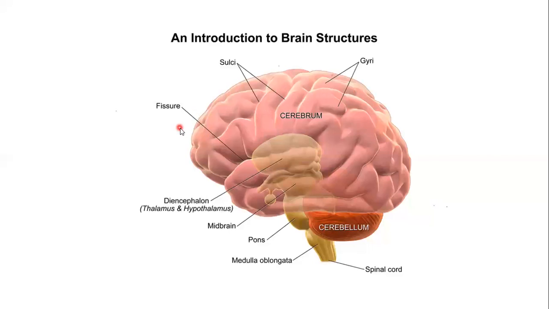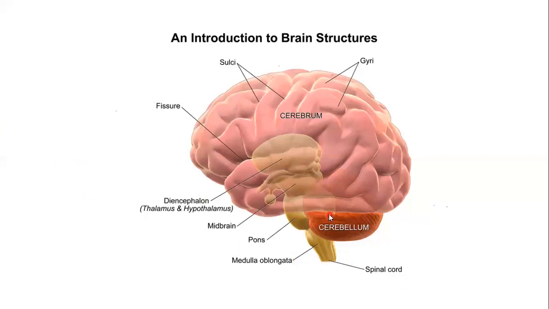So we have the fissure, we have the cerebrum, which I said is in two hemispheres, and they make 83% of the total weight of the brain. So there's a diencephalon here, which contains the thalamus and hypothalamus. And there's the midbrain. Here, there's the pituitary gland. Then there are pons, medulla oblongata, then the spinal cord, and the cerebellum.